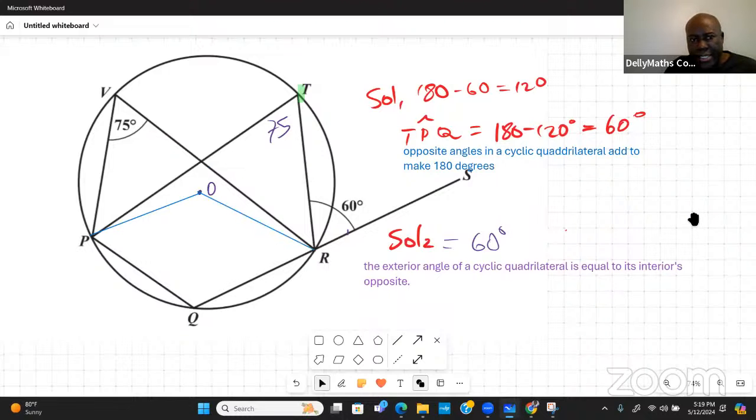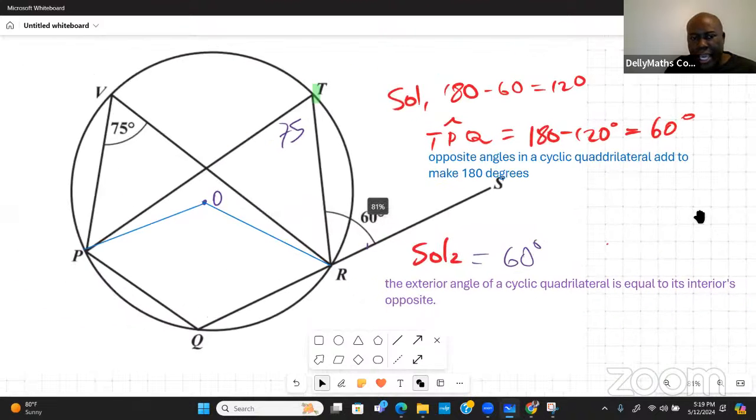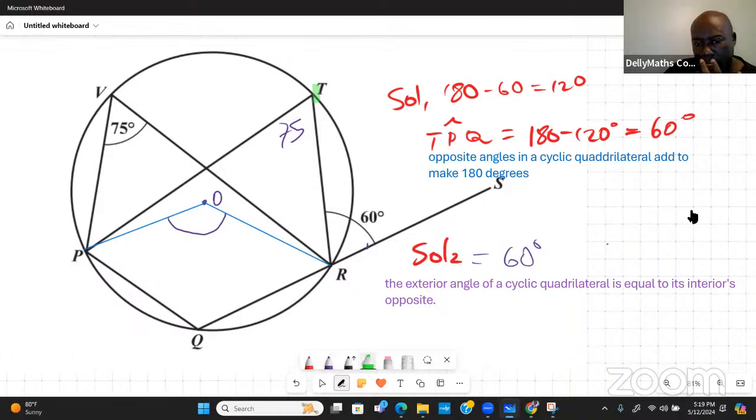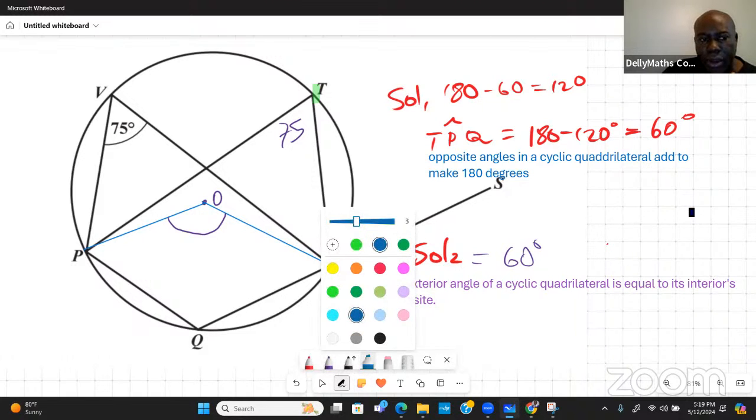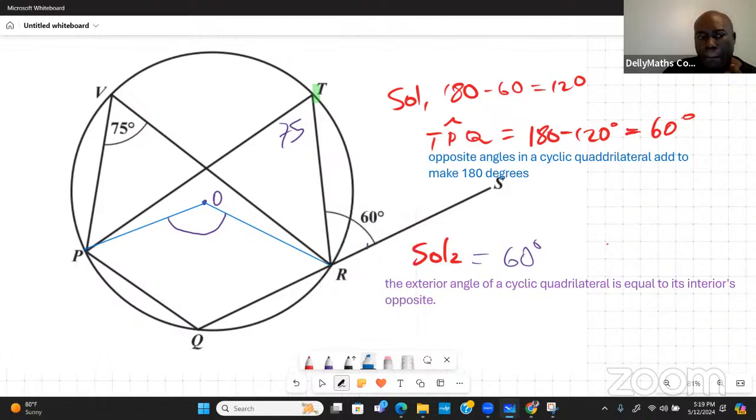So this question is kind of weird because it's saying, hey, you're going to create this POR, and this is what you need to tell us. Now, again, I'm going to do the same thing that I do every time. Whenever I have an angle to deal with, I ask, where did the angle develop from?